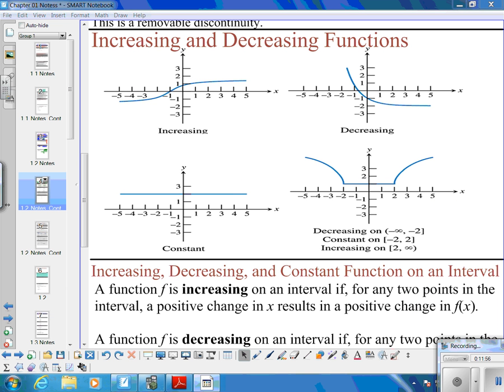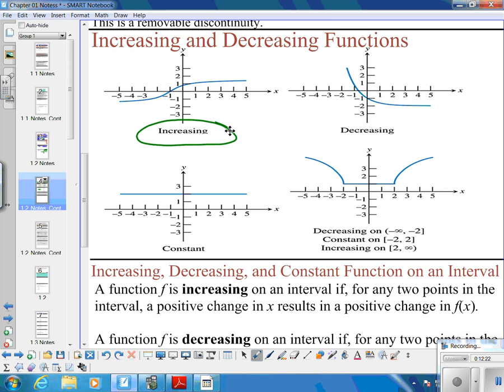The next portion of analyzing a graph that I want to mention is being able to describe increasing, decreasing, or constant portions of a graph, or increasing, decreasing, constant functions, and also on what interval they are increasing, decreasing, or constant. The upper left graph here, real simple, it's increasing.